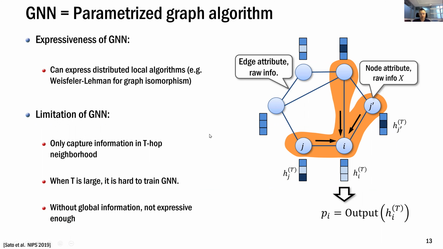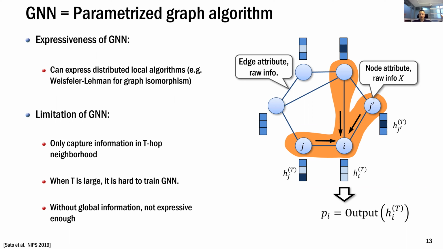You can imagine there will be cases where the better solution really needs global information about the graph, and graph neural net is not able to capture it. So besides the representation power of the graph neural net, it's limited when you don't have global information. The computation of graph neural net is also limited by how much information you can look at.